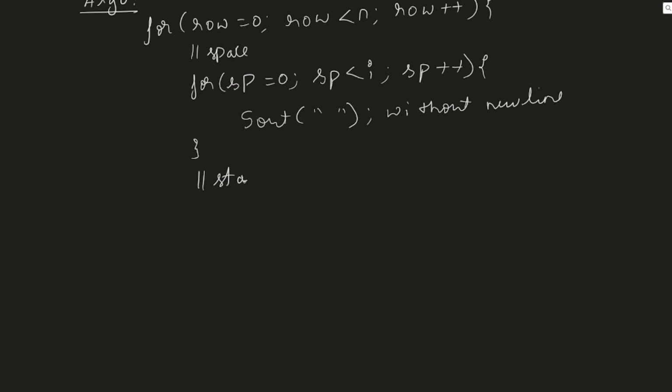After printing the required spaces, we need to print a star. Star starts from 0, goes till n minus I. This should be row. I'm just confused. N minus row and star plus plus.